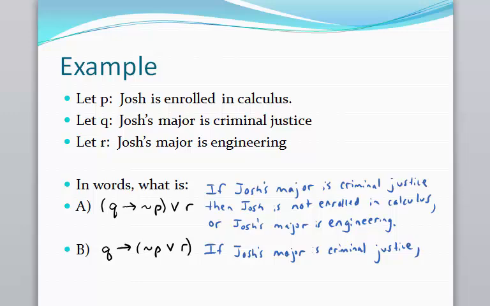And so you'll use a comma in between where you have the parenthesis and where you don't. So if Josh's major is criminal justice, then, and we move inside the parenthesis. Okay, we have not P. So P is that he is enrolled in calculus. So we now know that Josh is not enrolled in calculus.